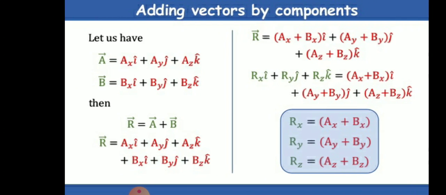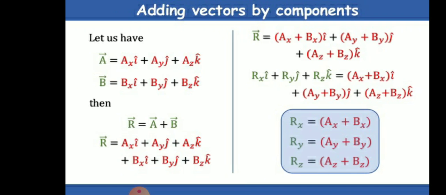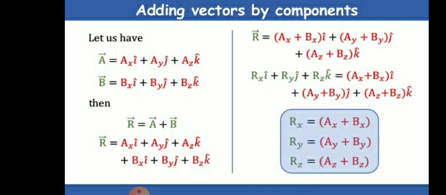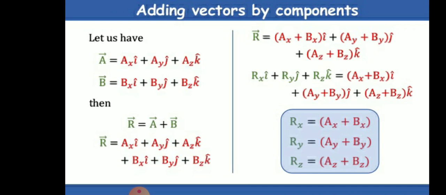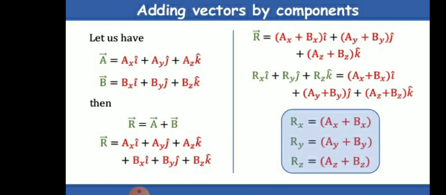Now we can write vector r is equal to ax plus bx, that we can write as rx, that is the resultant x component, rx i cap as it is, plus ry j cap plus rz k cap.